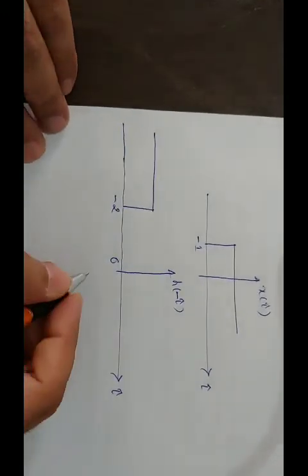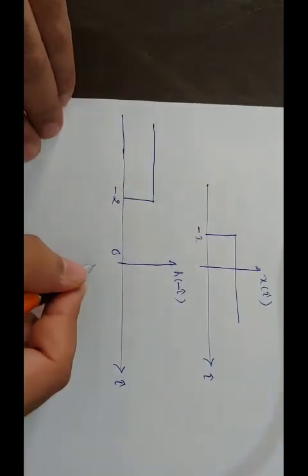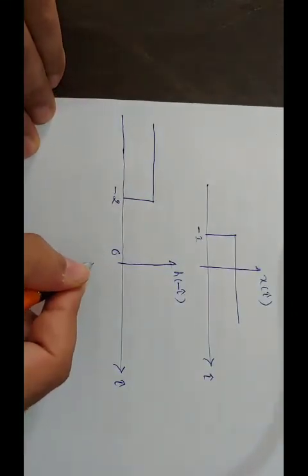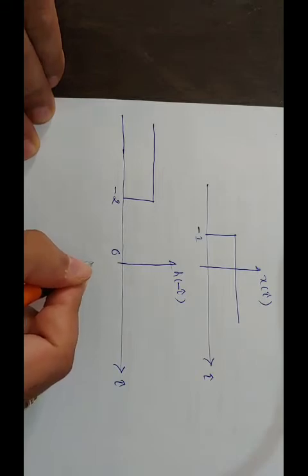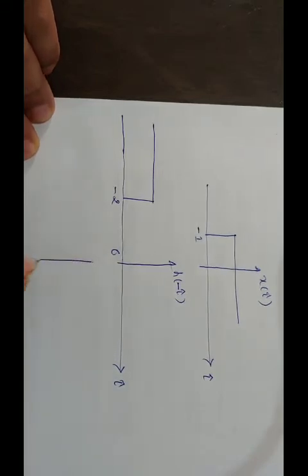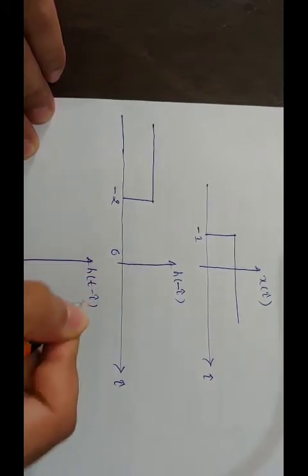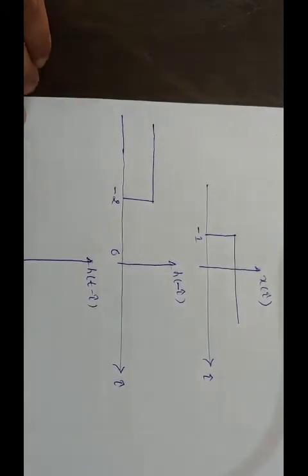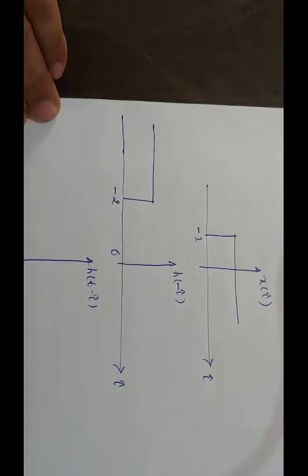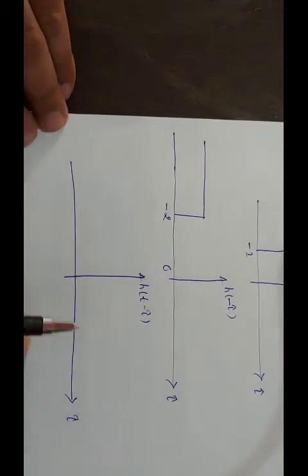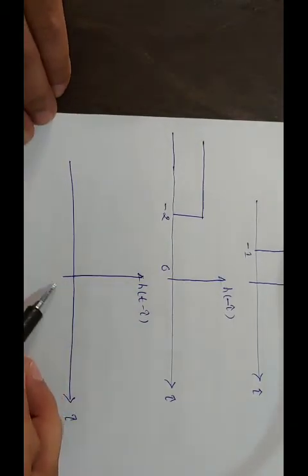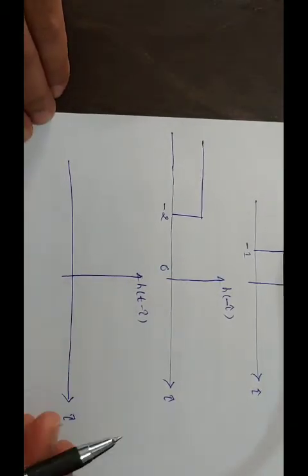Now we can easily sketch one more signal, the required one, that is h of t minus tau. You can represent it anywhere. If you are not drawing the y-axis also, it's okay.